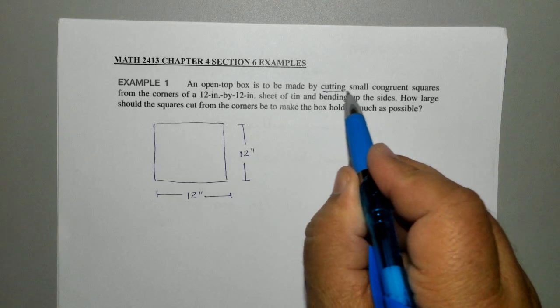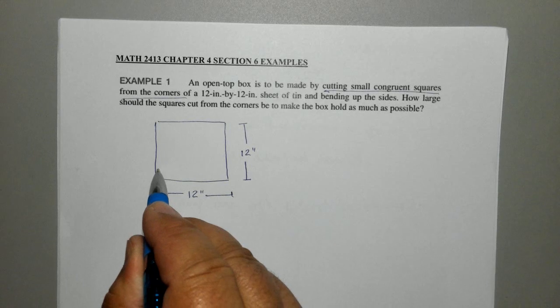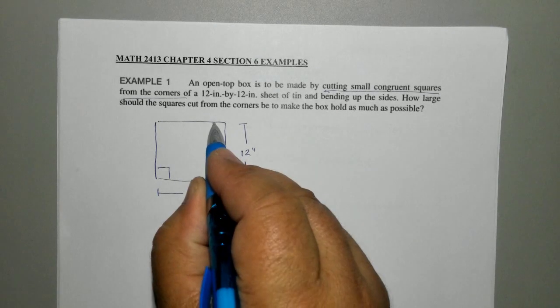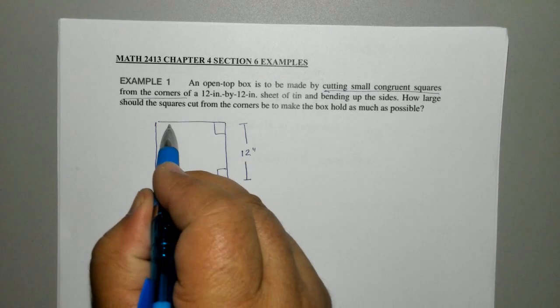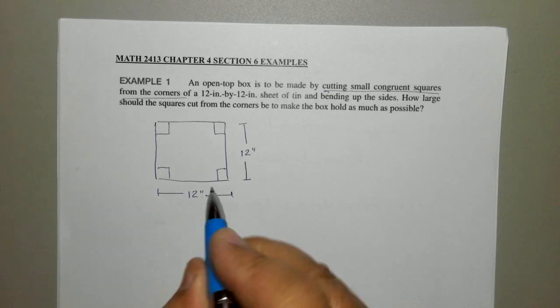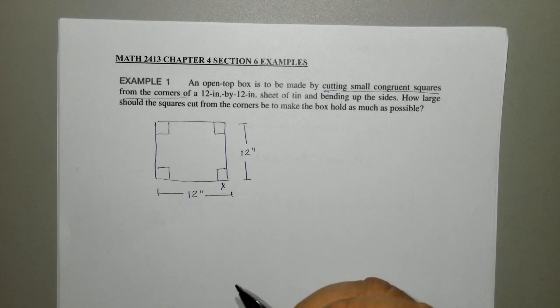By cutting small congruent squares from the corners. So each corner will have the same size bit clipped off. Do we know the size of those corners? If they're not known, what do we label it? X. That's the unknown.